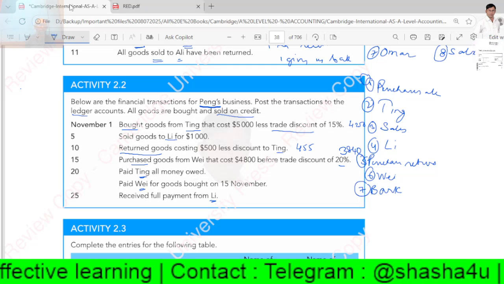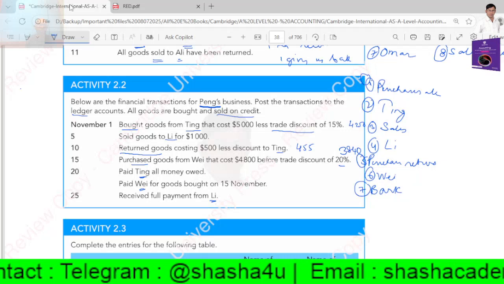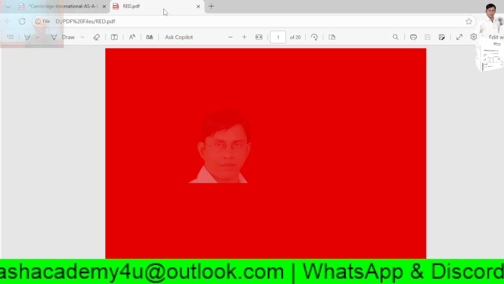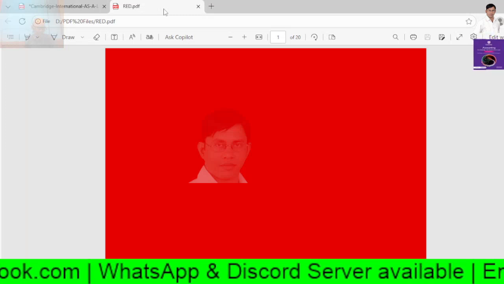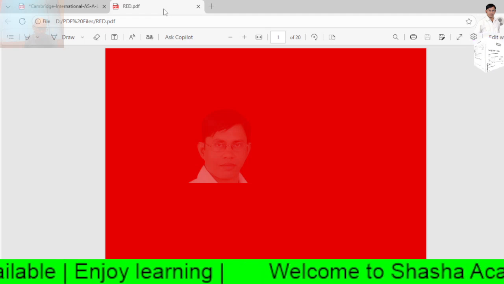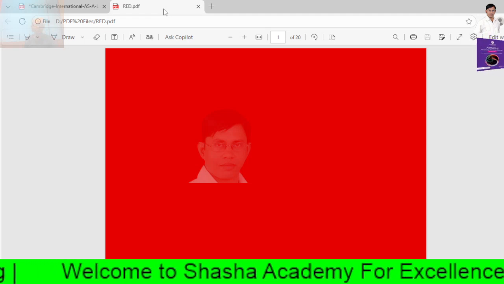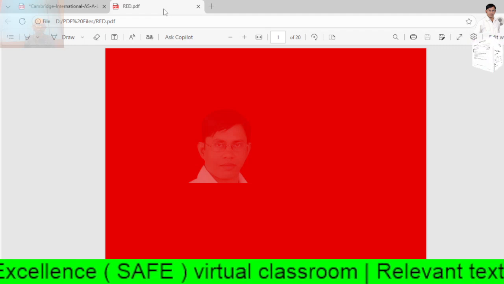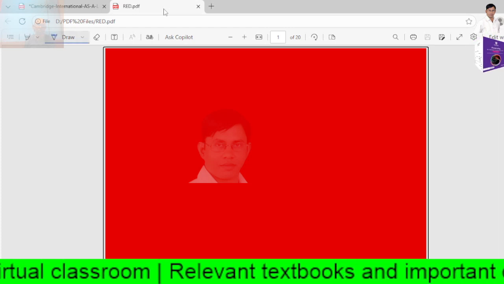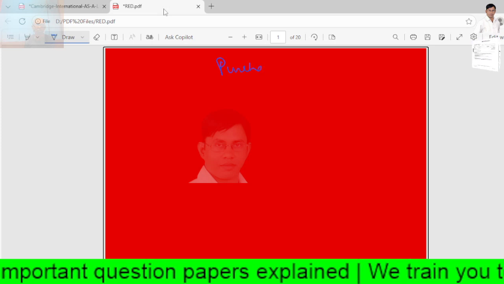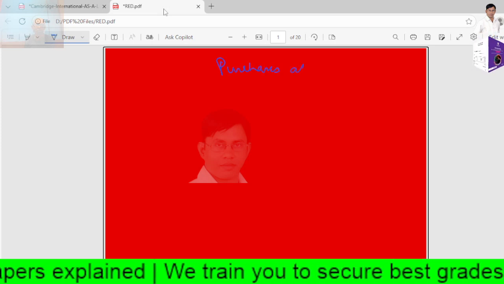First you bought goods from Ting that cost 5,000. So first you prepare the purchases account.